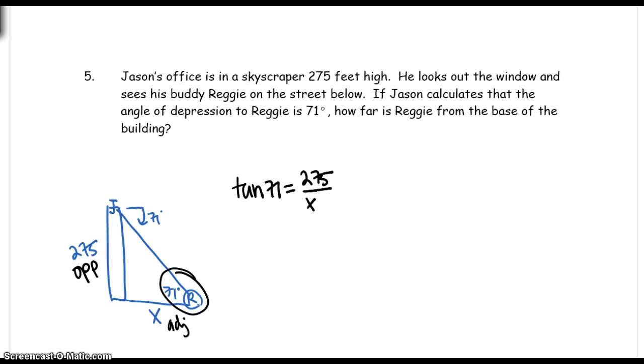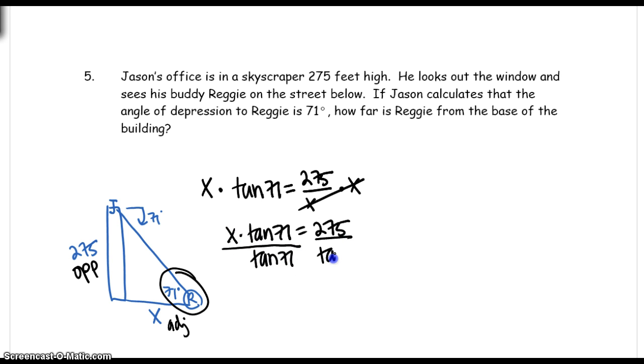Now, we want to get x alone, but first we have to take care of something. X is dividing into 275. So to undo that fraction, we're going to multiply both sides by an x. So now we have x times the tangent of 71, and that equals 275. If we want to get x alone, we have to do the inverse. So if tangent of 71 is multiplying, we're going to have to divide both sides by the tangent of 71, like that.